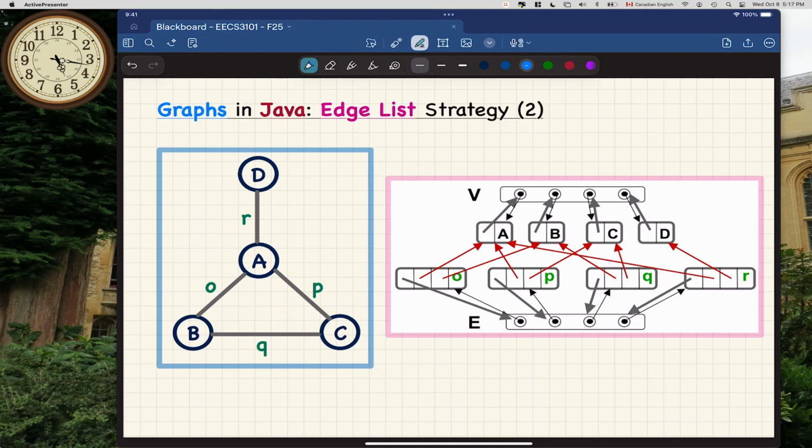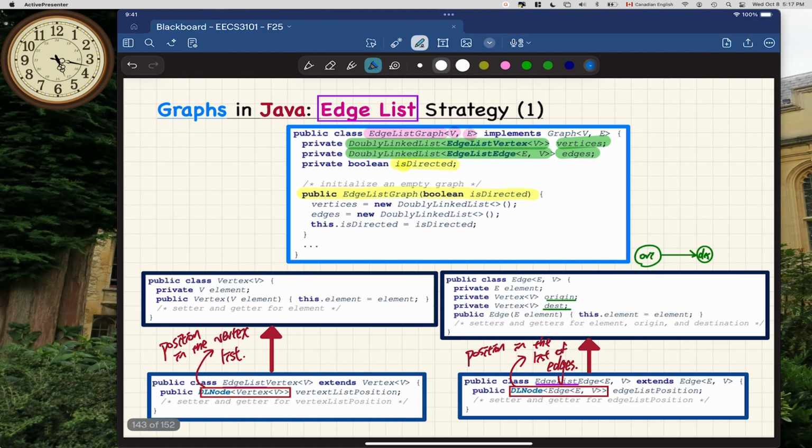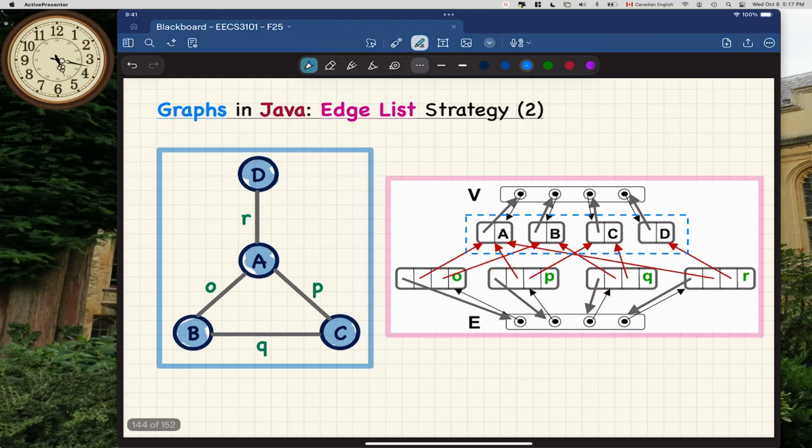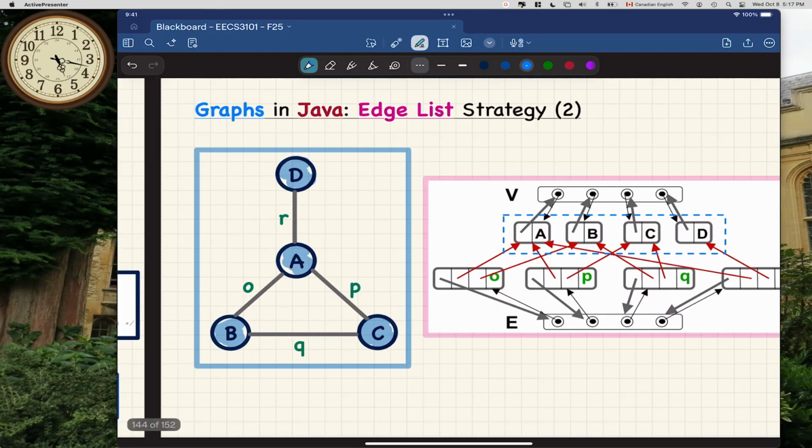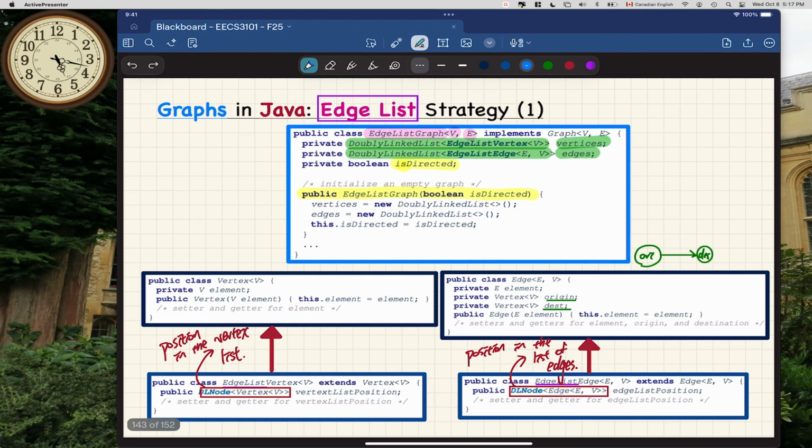So this part here, A, B, C, D, simply correspond to the A, B, C, D here. So these are the list of vertices right here. Okay? These are, oh, sorry, beg your pardon, it's not exactly that. Okay, let me just say that.